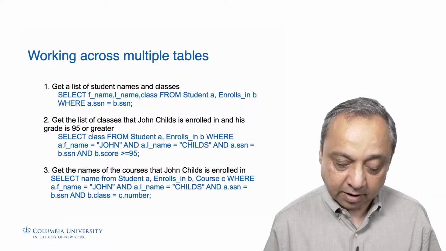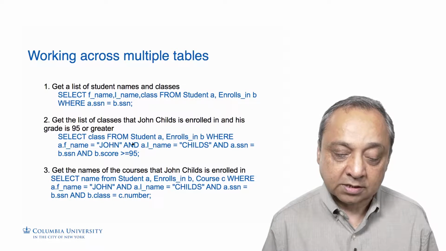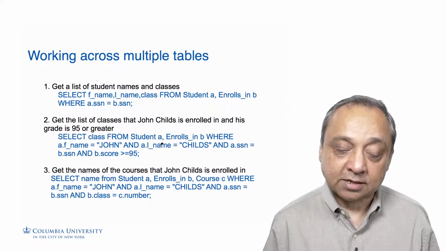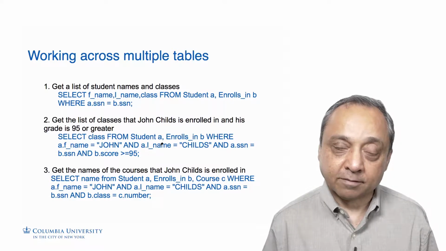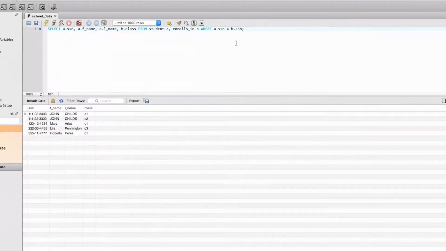Here I want to get information from the two tables, but I only want to see which courses the student called John Childs is doing well in. By well, I'm defining you should get 95 or higher in the class. So I can say where this, and is a combining clause over there: fname equals John.